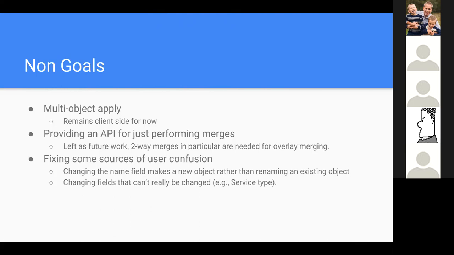I can't really fix that in the control plane, so we have to figure out documentation. We have to figure out other things. There's also some landmines in some of our API objects, with fields that you can technically change but may not do what you expect. We should fix that generally, not just for apply. So I'm not treating that as part of this effort.